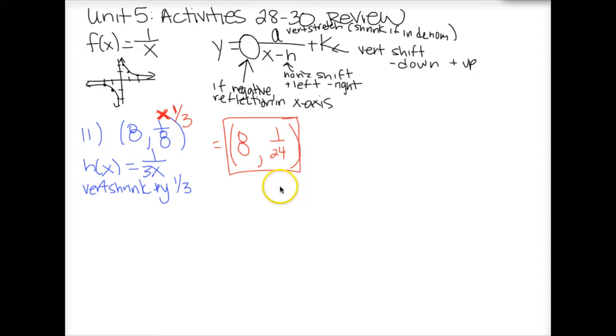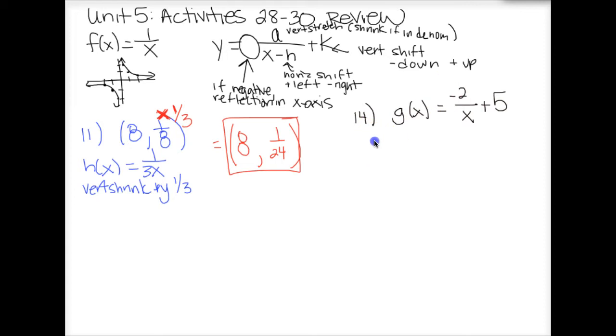All right, I do want to do one graph for you. We're going to look at number 14. So number 14, the function was g of x equals -2 over x plus 5. It had asked you to write down a whole bunch of different information. I'm going to write down the transformations first, because that'll be helpful when we go to graph it.